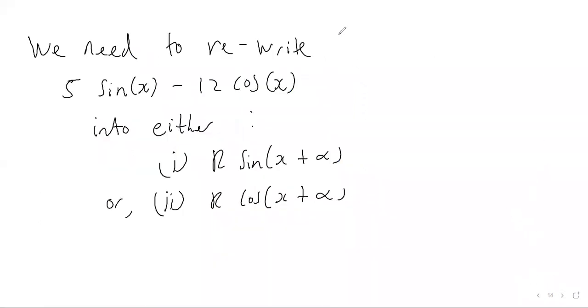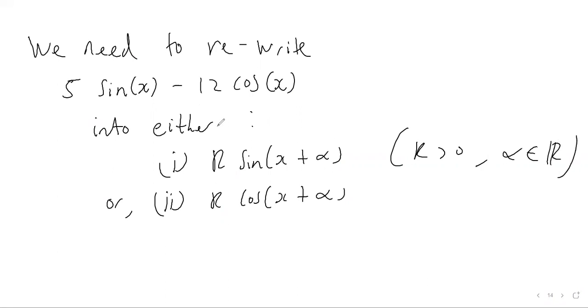So we've actually got to do what we did yesterday, where we were rewriting the addition and the subtraction of sine and cos functions in terms of these two forms here. So r sine x plus alpha, where r was some positive number and alpha was some random angle.